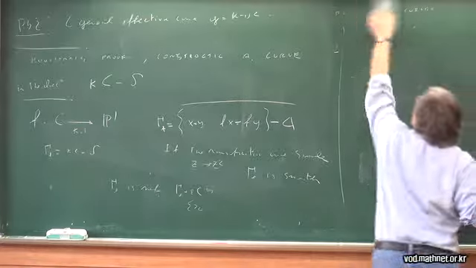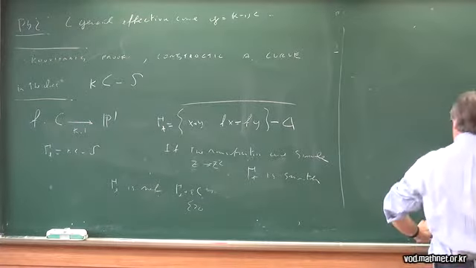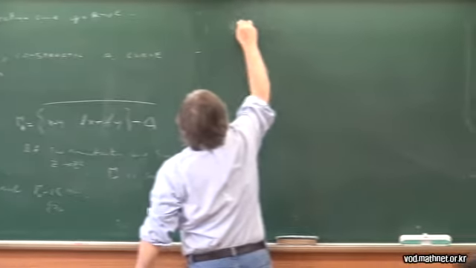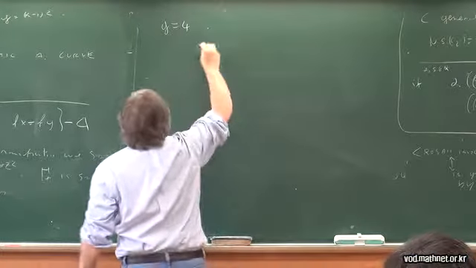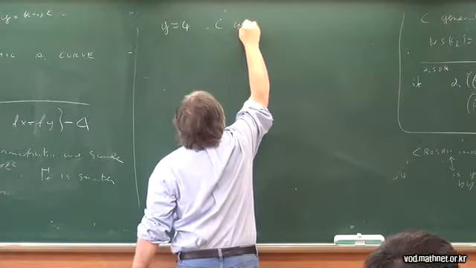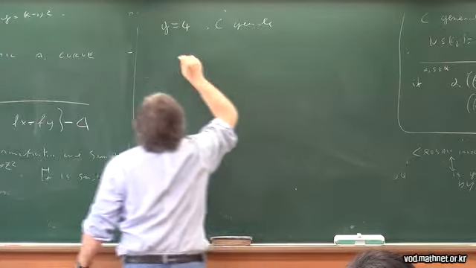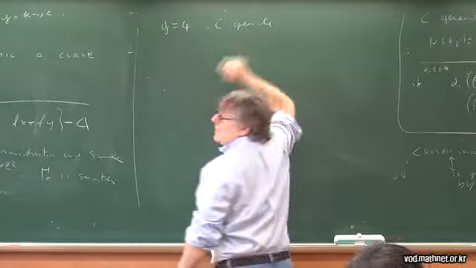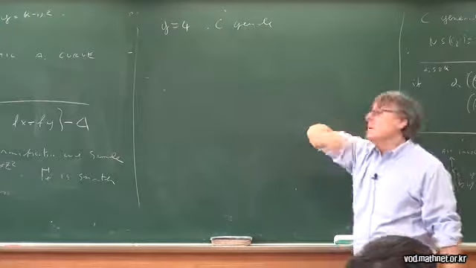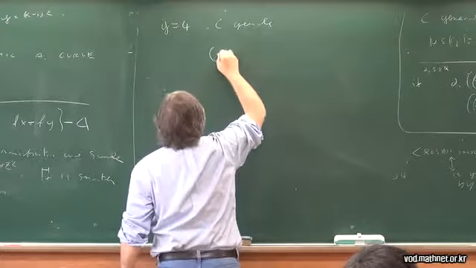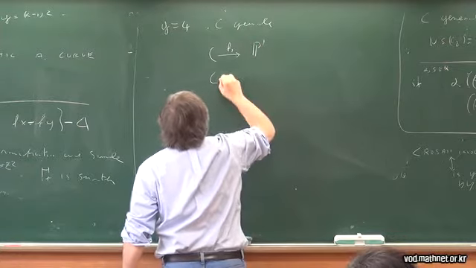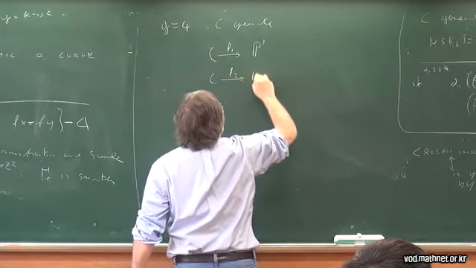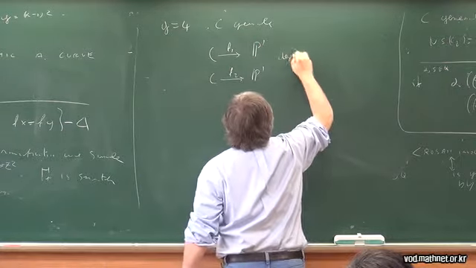But let's consider the case when g is equal to 4. Well, in g equal to 4, in fact, C general, so there is a trigonal curve in this case. And moreover, there are two maps of degree 3.